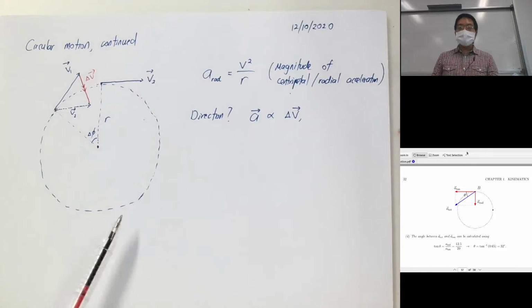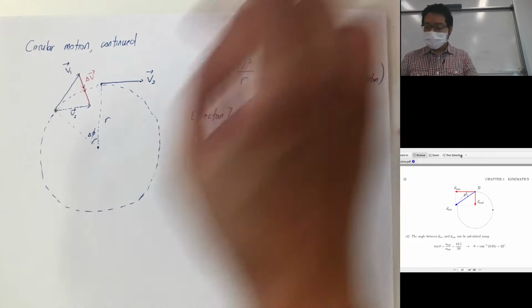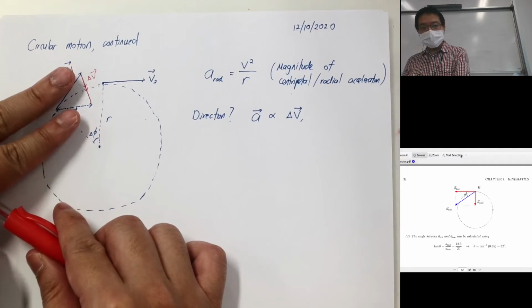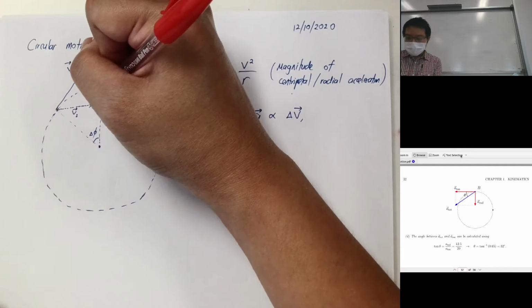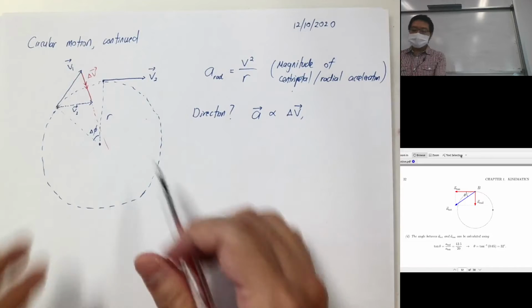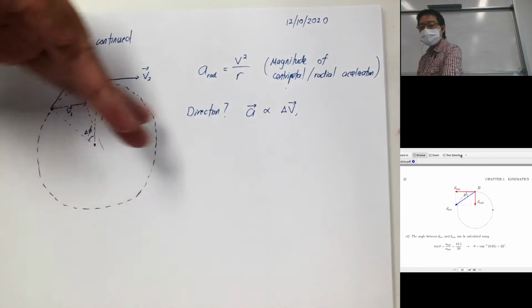If I take the limit where my delta t is approaching 0, notice that these two vectors will get closer and closer to each other, and this vector is pointing more and more towards the center of the circle. If I take a larger interval, the direction is somewhere like this.